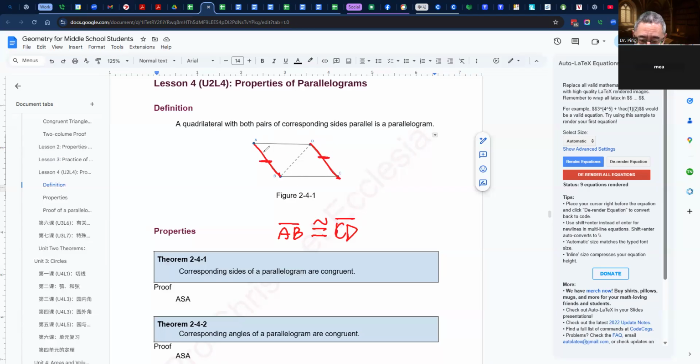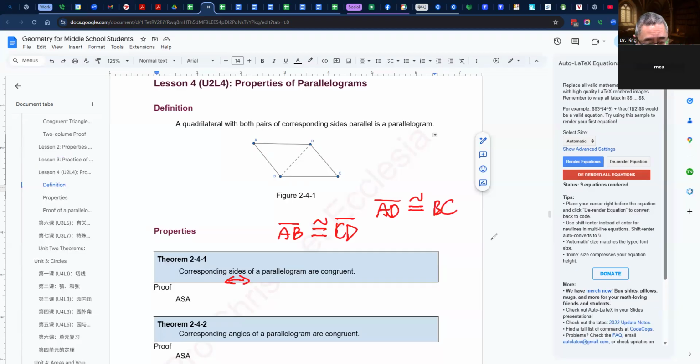And not just this pair, corresponding sides of a parallelogram are congruent, so also this side has to be congruent to that. So we got AD also congruent to BC. That's a property of a parallelogram. As long as it's a parallelogram, the corresponding sides are congruent. This side is congruent to that side, and this side is congruent to this side. Okay, we good on this one?